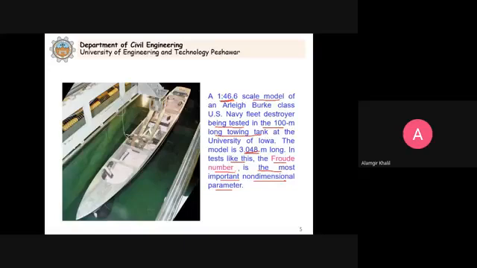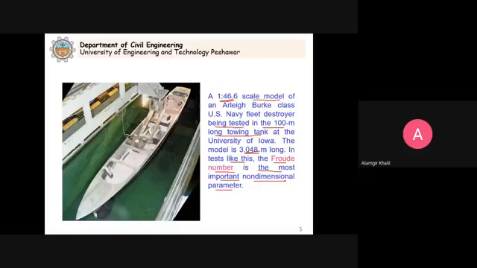Clear? And these waves also offer resistance, in addition to the skin friction resistance, to the motion of these vessels. Clear? So when we do the analysis, the Froude number that we have studied so far and applied in the problems is the important number that we need to consider.